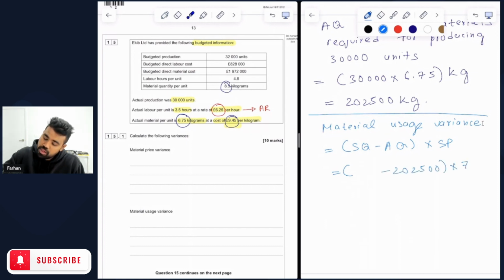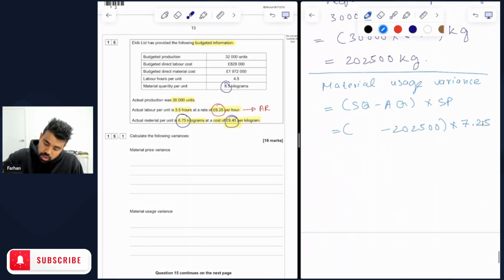Now, what we are left with is the SQ, which stands for the standard quantity. So what is the standard quantity of raw materials that we would need to produce 30,000 units?